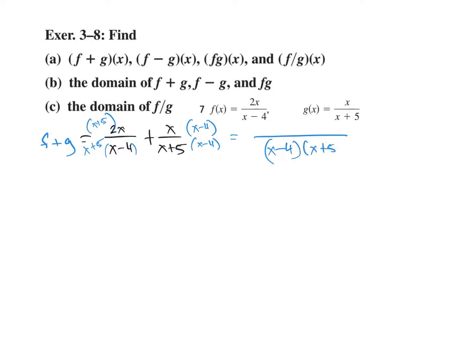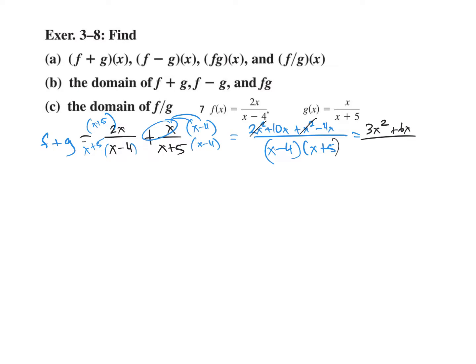And at the top you have to distribute the 2x, so 2x squared plus 10x. And then distribute the plus x through, you get x squared minus 4x. Put those together. 2x squared and x squared is 3x squared. 10x minus 4x is 6x.